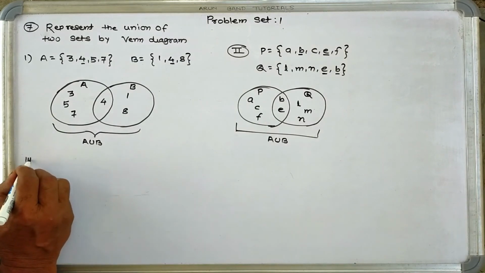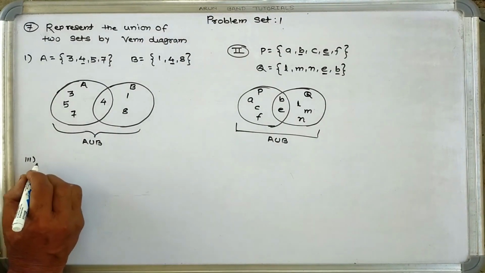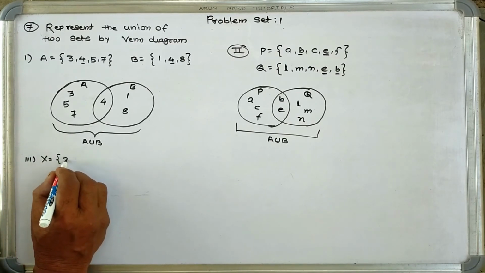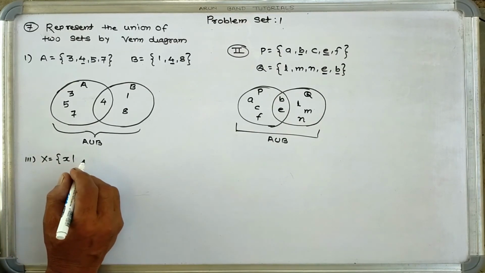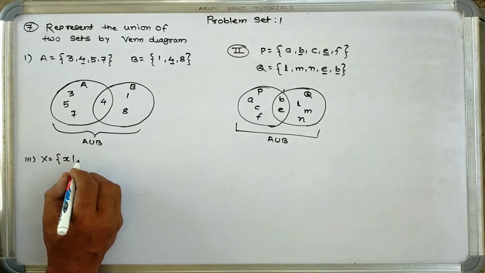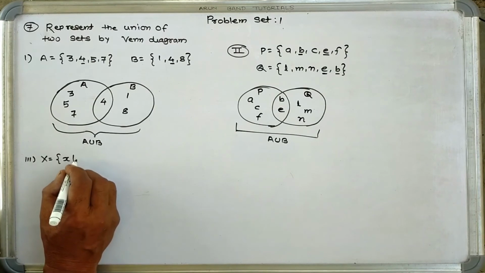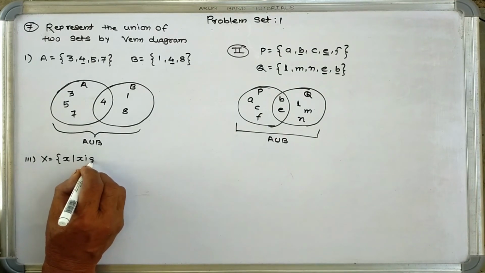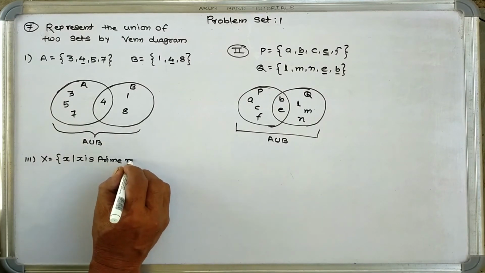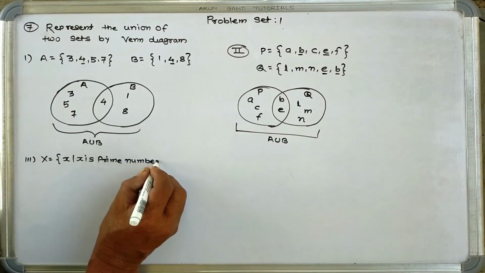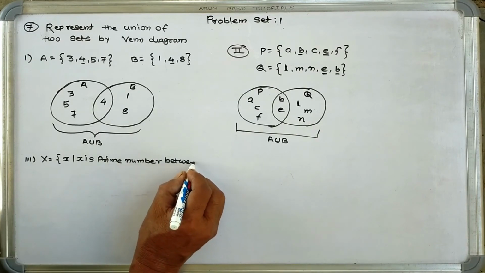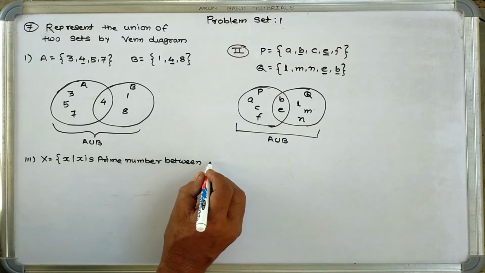Number 3, we have set X such that X is a prime number between 80 and 100.